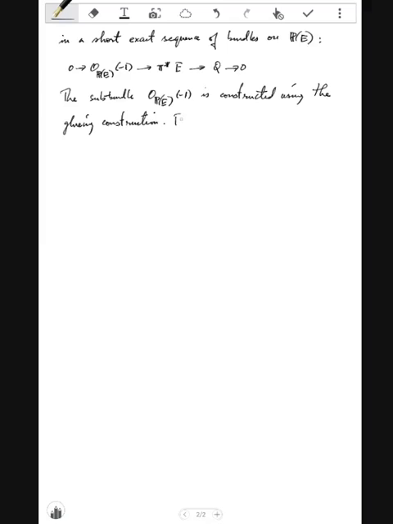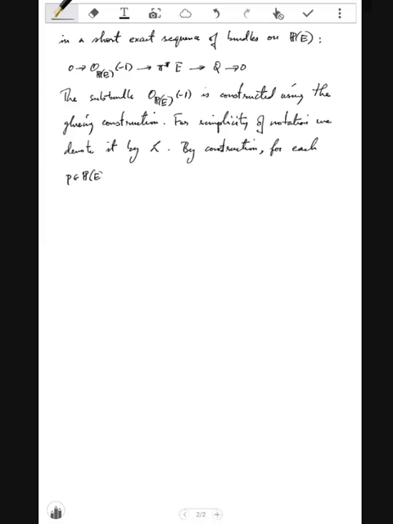For simplicity of notation, we denote it by L. By construction, for each point p in P(E), the line L_p is going to be contained inside pi^* E_p, the fiber of pi^* E at p, which is equal to E restricted to pi(p).